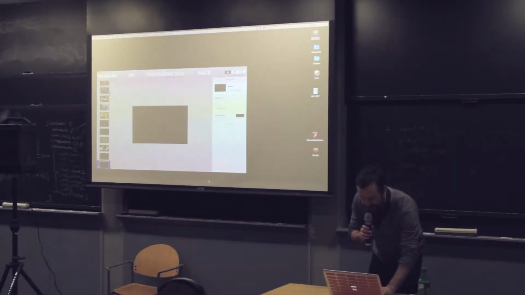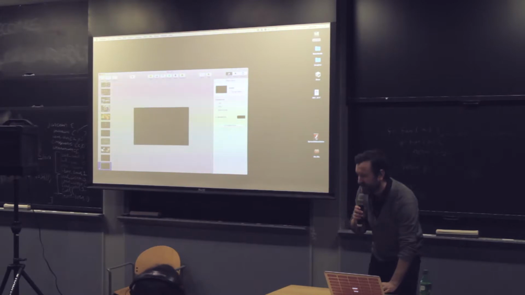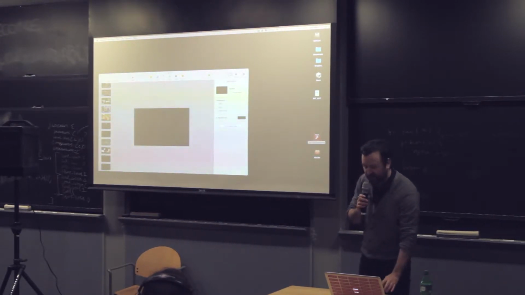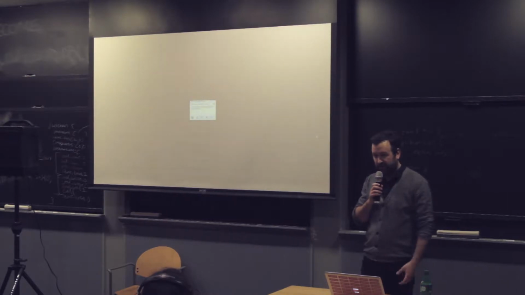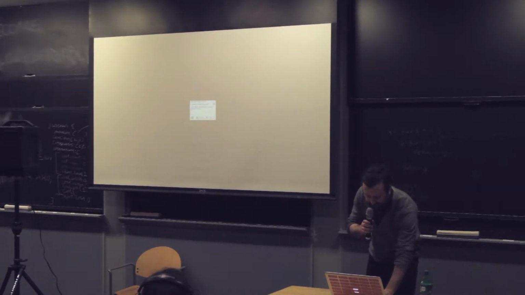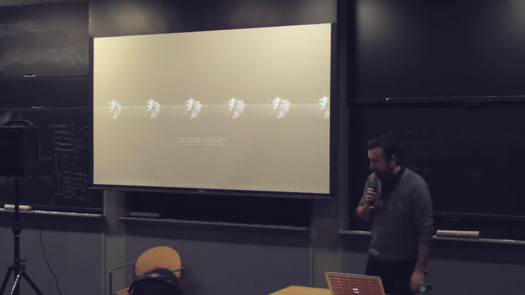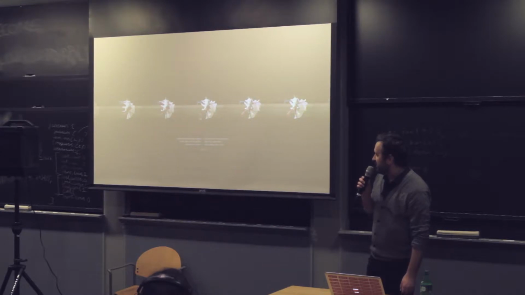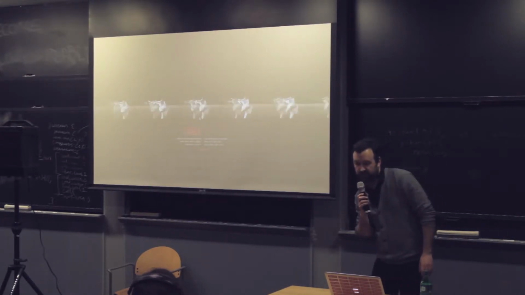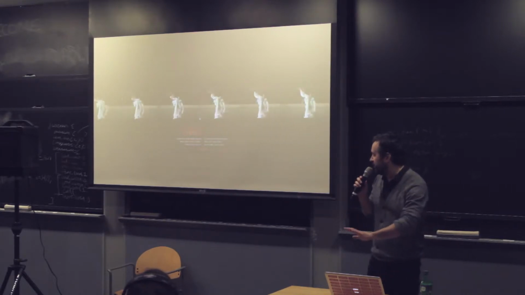And I was just thinking, what is the most primitive interaction that we have with music? It's dancing, right? So I used the webcam as some kind of really simple movement detection.